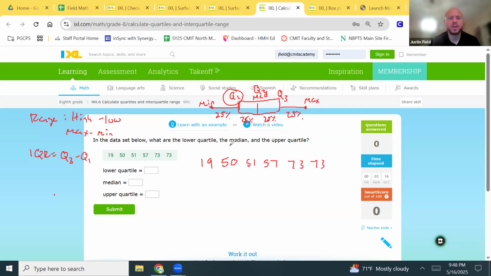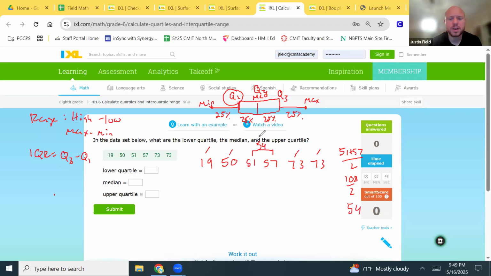We find the first median, the actual middle number, by just going 1, 2, 3, 4. And then the median is going to be in between 51 and 57. So we add those together and divide by 2 to get the median. So it's going to be 108 divided by 2, which is 54. So the median is 54.